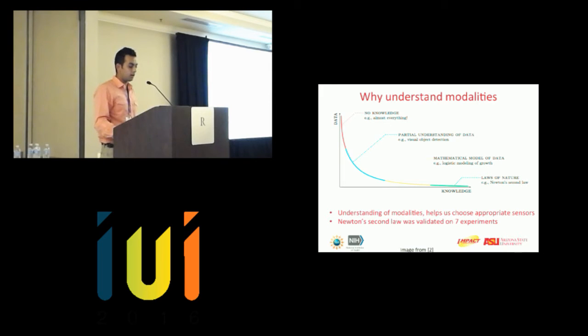So we don't have a lot of data. As you can see here, if there's a lot of data, even if we don't know a whole lot about the underlying process, you can get good results. But if you don't have a lot of data, then it is fundamental to have some domain-specific knowledge or knowledge about the underlying process.